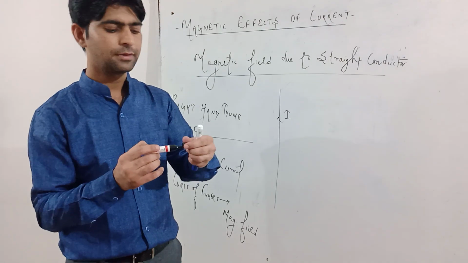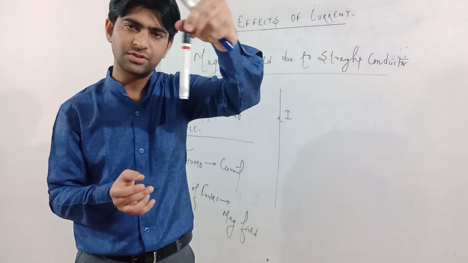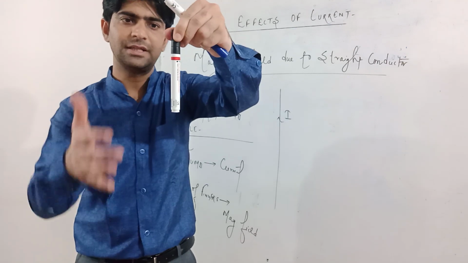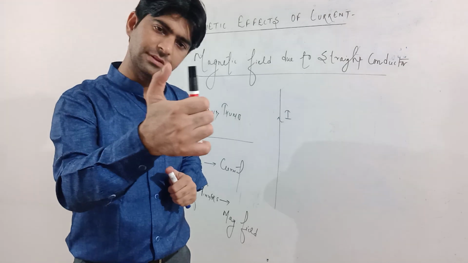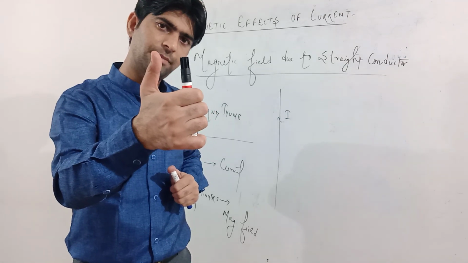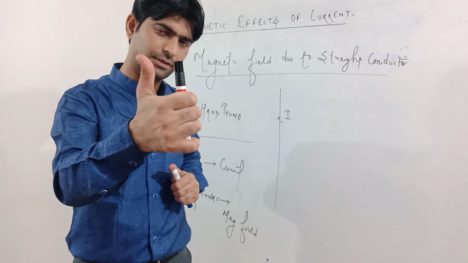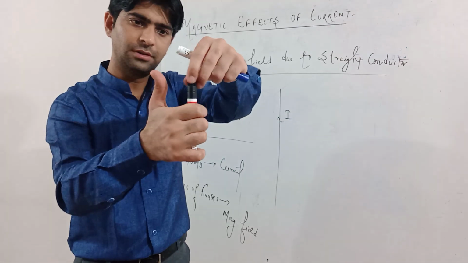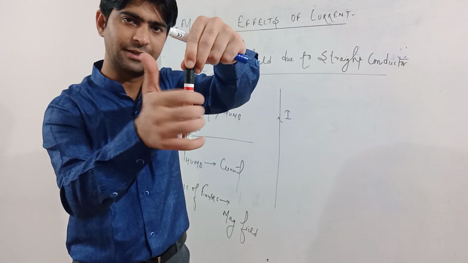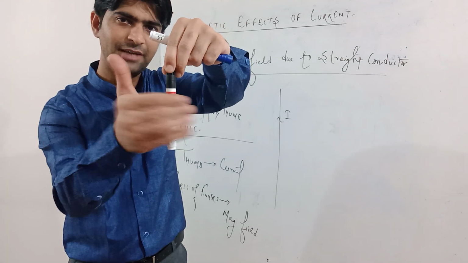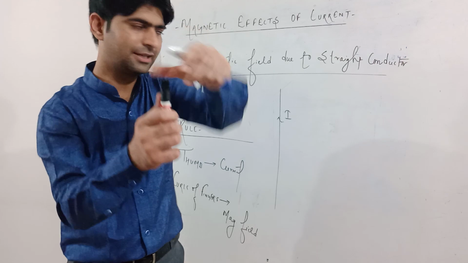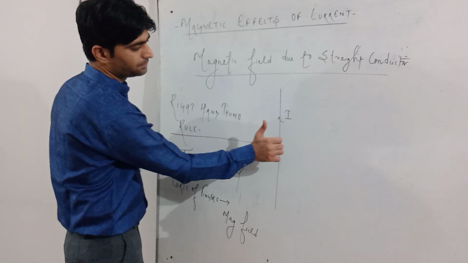Again I am repeating, this is a straight conductor, and I am going to hold it in my right hand. If my thumb indicates the direction of current, then the curls of fingers, the circulation of fingers, will indicate the direction of magnetic field. We will apply this here.